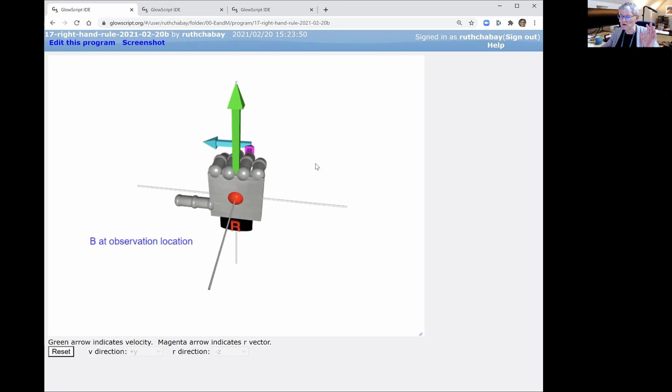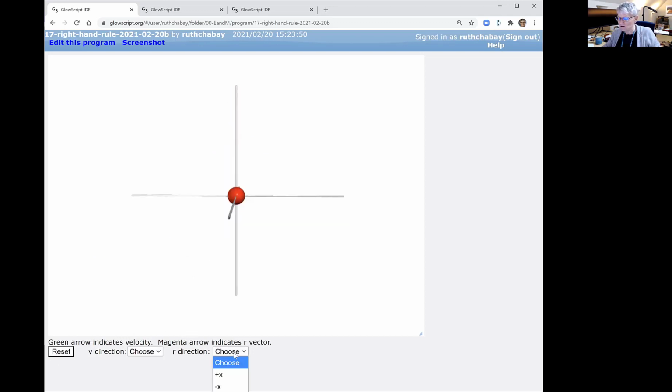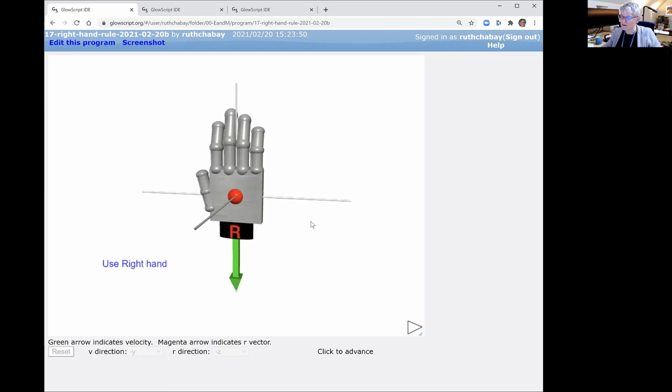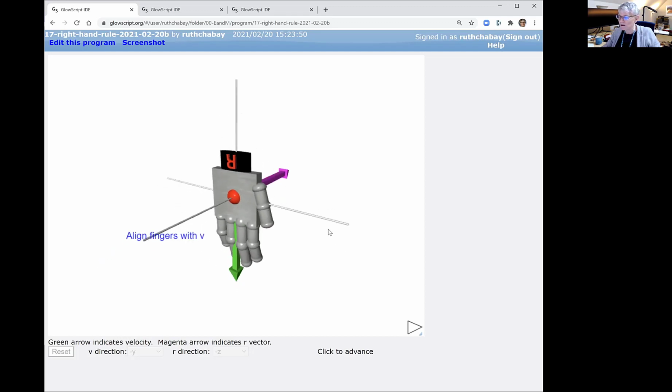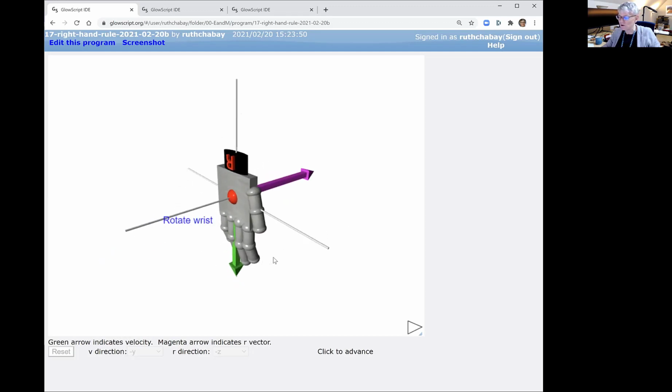Now let's just check to see what would happen if the charges were moving down. So again, our observation location is in minus z, but this time we're going to say the charges are moving in the minus y direction. So now we have to turn our hand. We don't really have to rotate our wrist because we're already in a position to fold our fingers toward our hat. And now our thumb sticks out in the plus z direction.